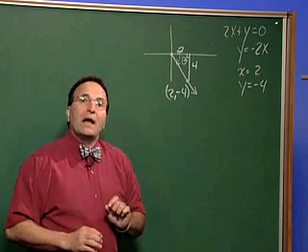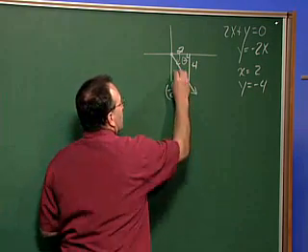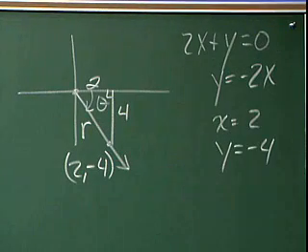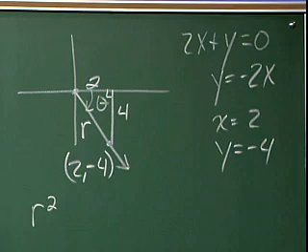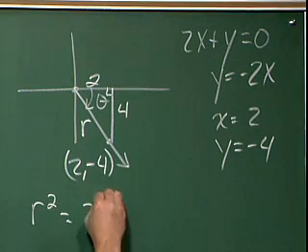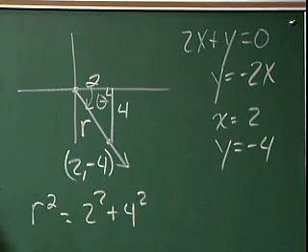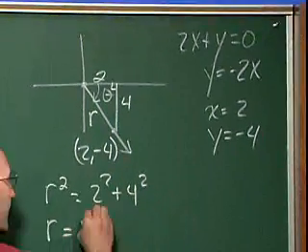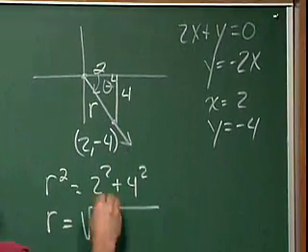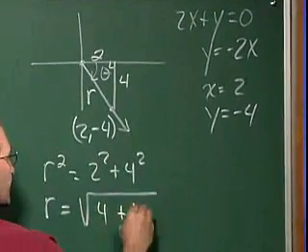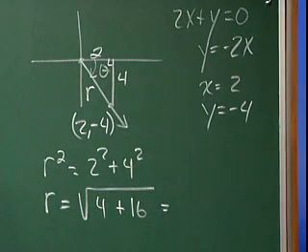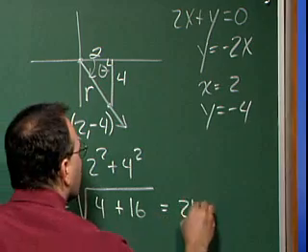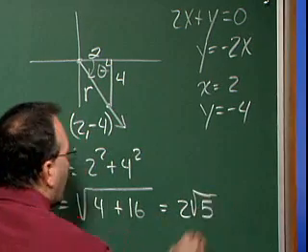So when I want to find r, I can use the Pythagorean theorem to say that the hypotenuse squared, r squared, is equal to 2 squared plus 4 squared. So r is the square root of 4 plus 16, which is the square root of 20, which gives me 2 square roots of 5.